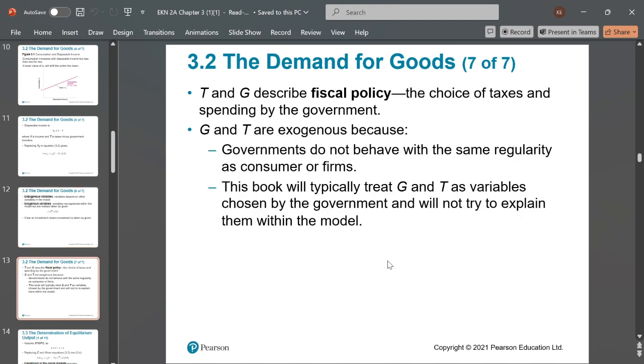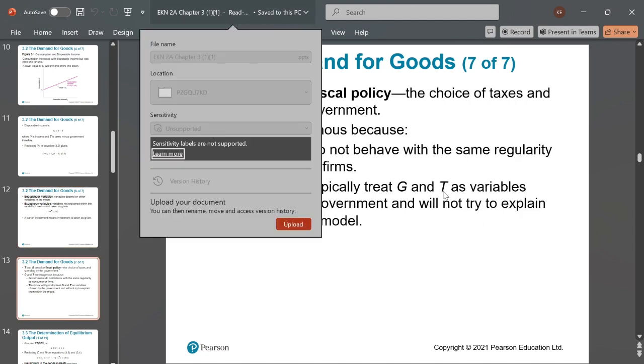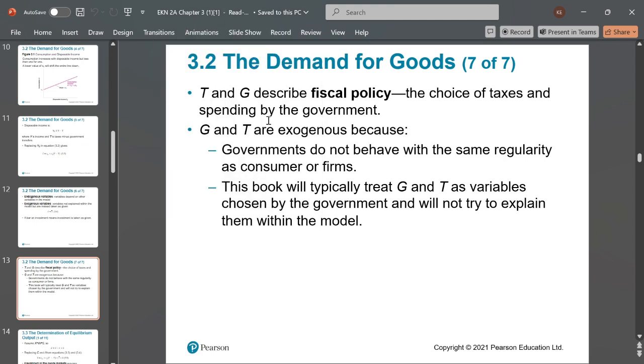And then T and G, so taxes and government spending. Taxes and government spending describe fiscal policy. Fiscal policy is basically the policy that the government puts in place whenever they are trying to either stabilize the economy or increase economic growth.